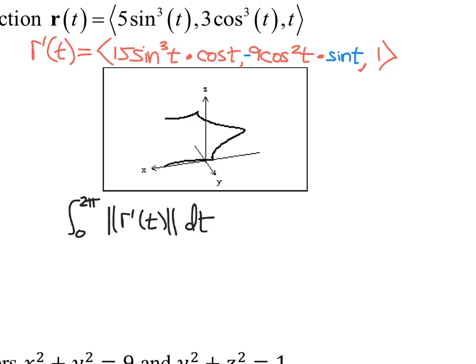Shouldn't it be sine of x squared? Oh, crap. Where? When you took the derivative, you said the derivative of sine cubed was sine cubed. Ah, crap.